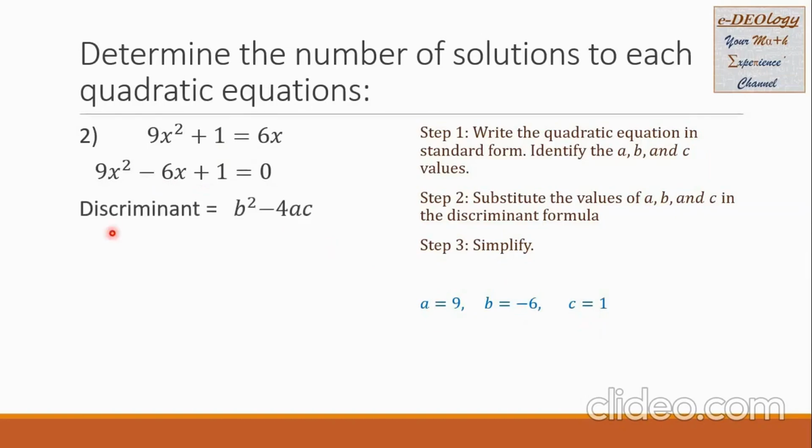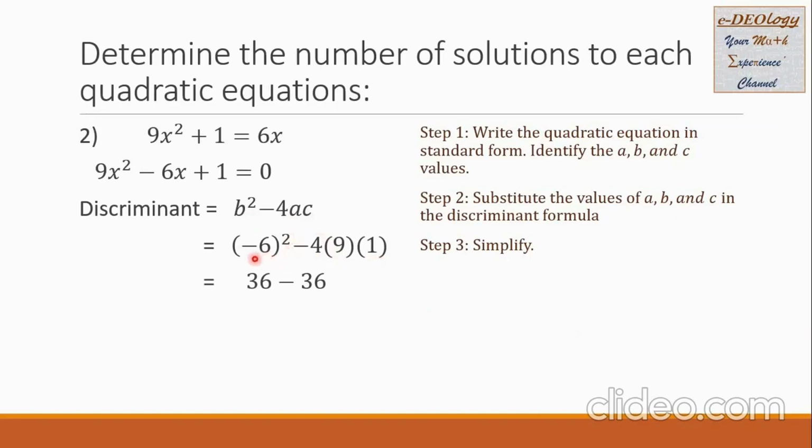Then we will write the discriminant formula and substitute now the values of a, b, and c. The b squared is now the square of negative 6 minus the constant 4 times a, which is now changed into 9, times the c, now changed into 1. Then we simplify further.